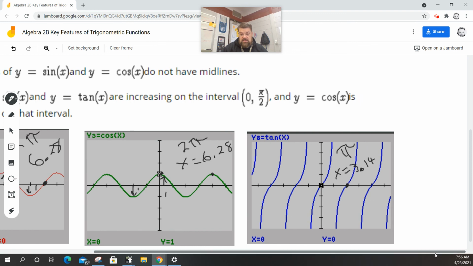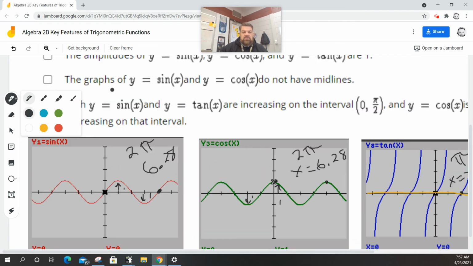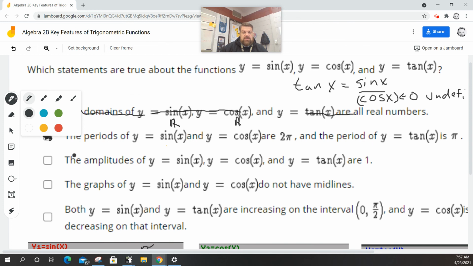However, when you get to tangent, the midline is the x-axis, and that's a completely different shape. So the amplitude on tangent is like a vertical stretch or shrink or compress, right? So that statement's not true.